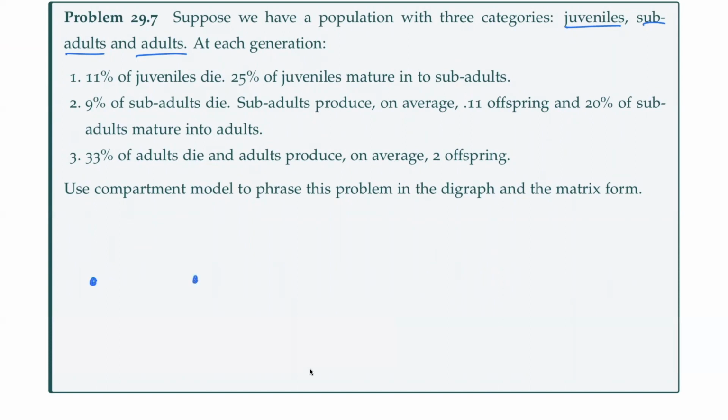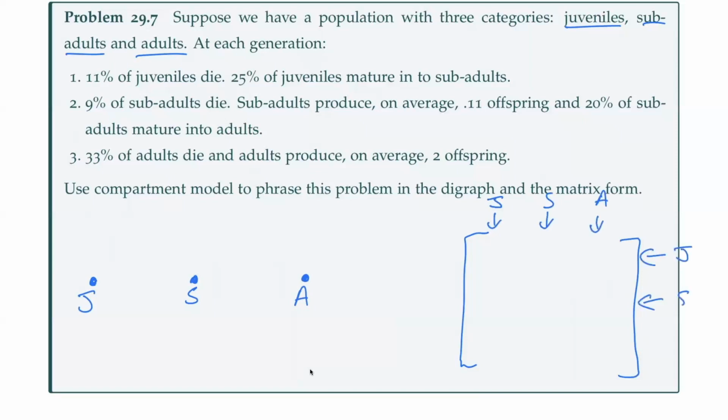So what does that look like? I'm going to call my vertices J, S, and A for my digraph, juveniles, sub-adults, and adults. And let's work through each of these things. In fact, I'm going to do my digraph and my matrix at the same time. J, S, and A here, J, S, and A.